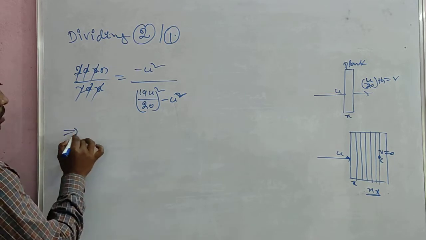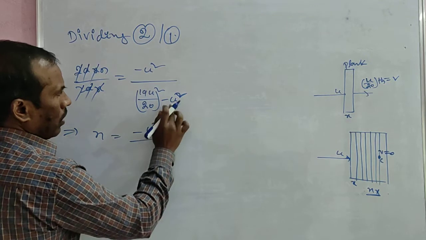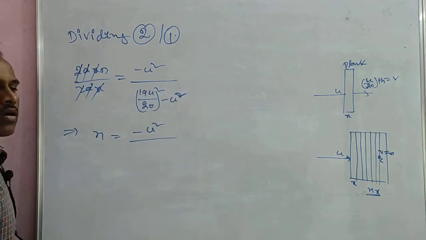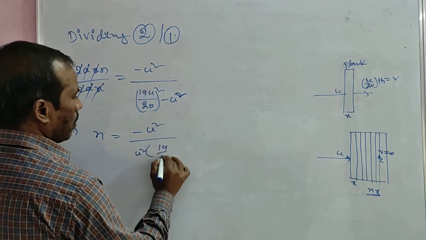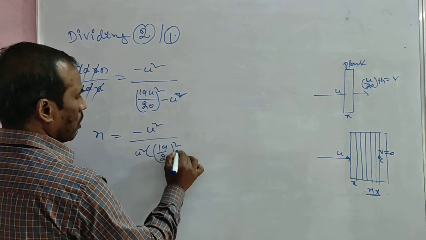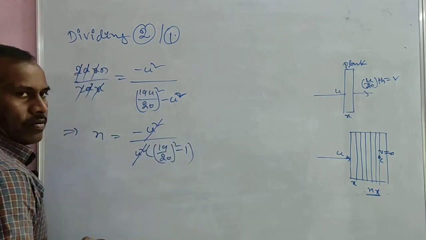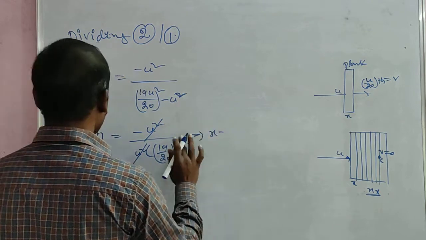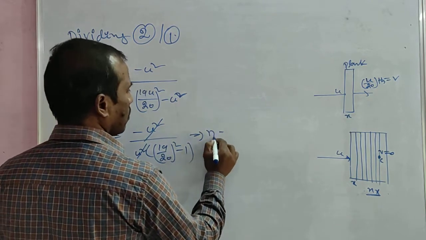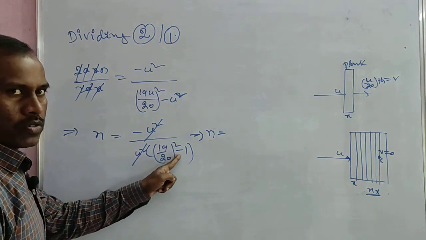So remaining, n is equal to minus u square by, u is a common term, 19 by 20 squared minus 1, and u square cancels. So n is equal to the remaining terms, both negative values, so the result is positive.